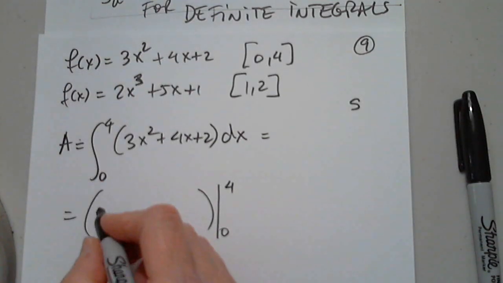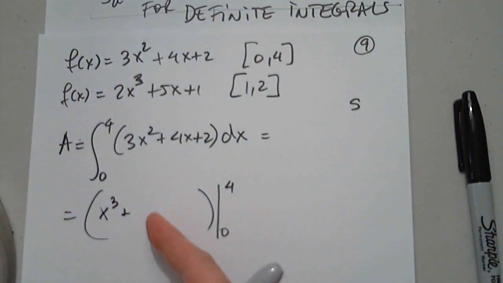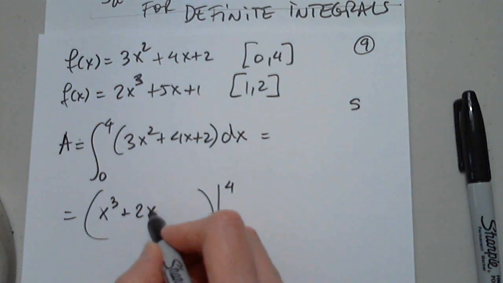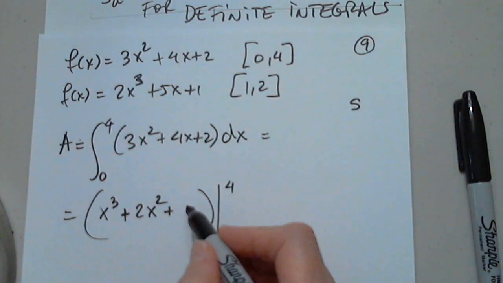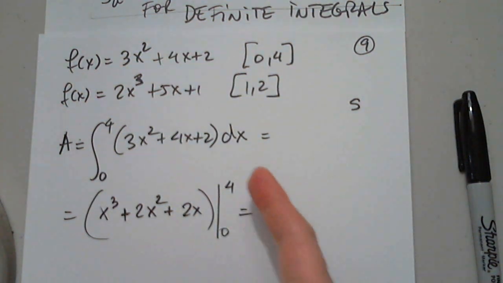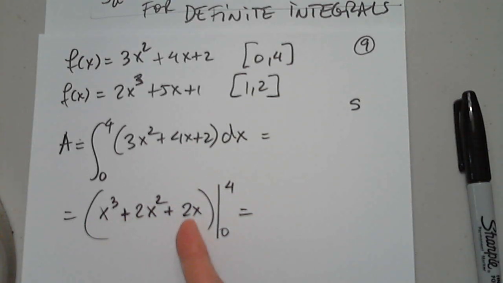X cubed. Yes, perfect. Plus, which function prime is 4x? 2x squared. Perfect. Awesome. Last question. Which function prime is 2? 2x. Perfect. All I have to do is only plug in 4, because when I plug in 0 in this polynomial, 0, 0, 0.